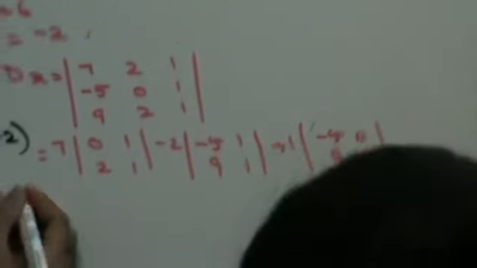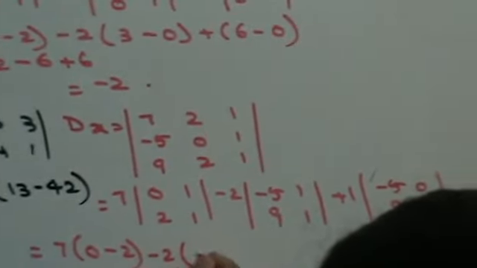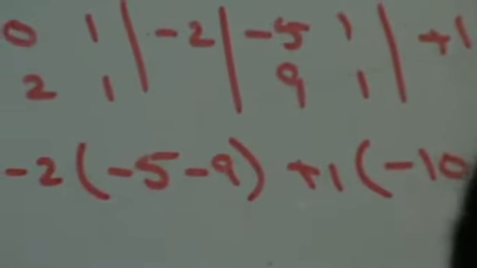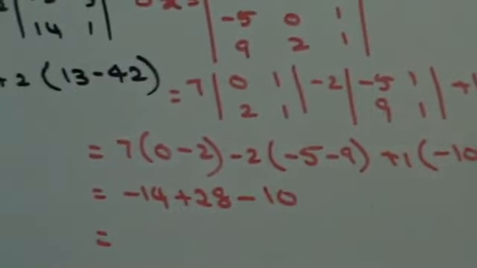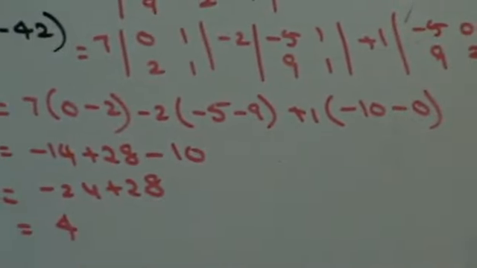So in that case this will be 7, 0 minus 2, right, minus 2, minus 5, minus 9, plus 1, minus 10, minus 0, right. So in that case this is minus 14, this is 9, 10, 14, minus 14, minus 2, plus 28, minus 10. This is minus 24 plus 28. So this is going to be 4.